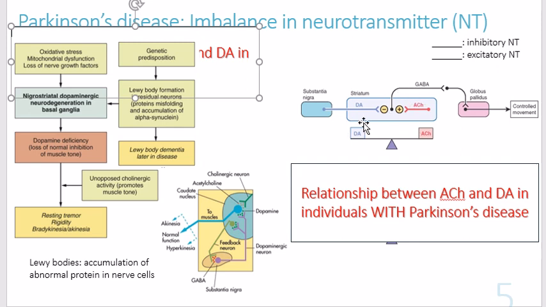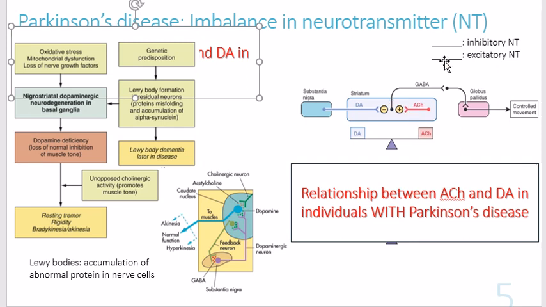So we have both dopamine that is released here within the striatum, which has an inhibitory effect. And then we have acetylcholine that's produced by cholinergic nerves or neurons within the striatum. And acetylcholine is then also released here. And acetylcholine has an excitatory effect.